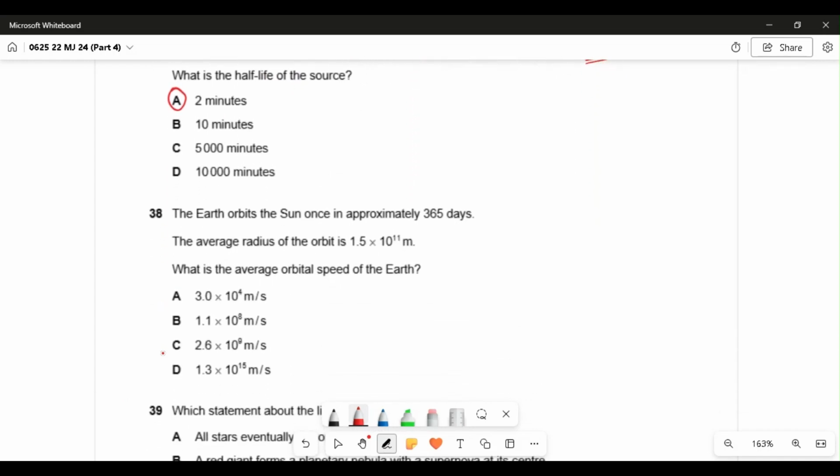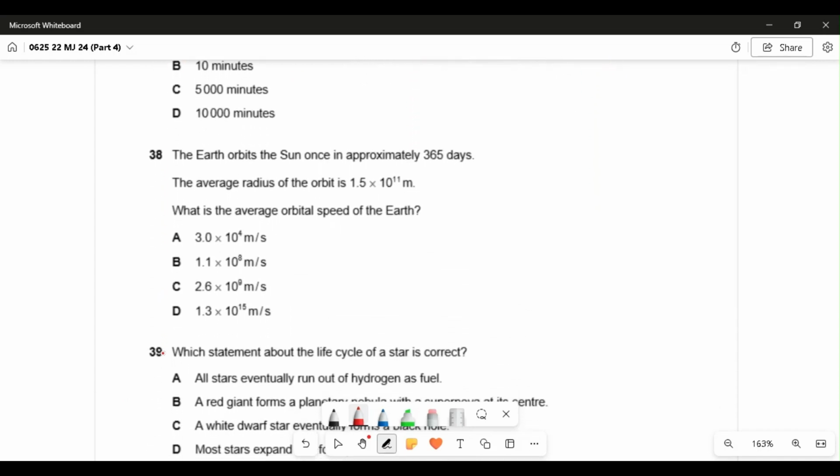Half-life is 2 minutes. The Earth orbits the Sun once in 365 days. The average radius is 1.5 times 10 to the power 11 meters. What is the average orbital speed? The orbital speed is equal to 2 pi r over the time. 2 pi is constant, r is 1.5 times 10 to the power 11 meters, and the time is in days, so we need to convert it into seconds.